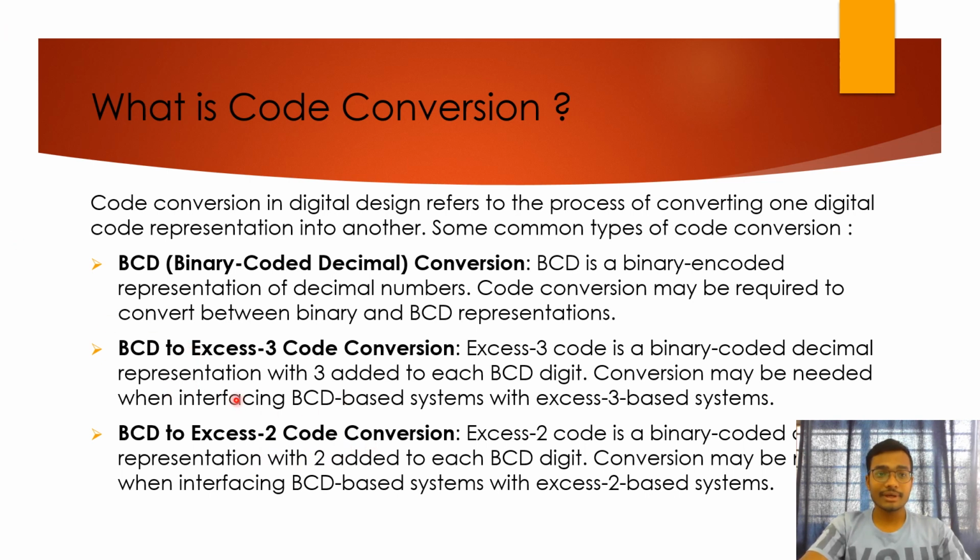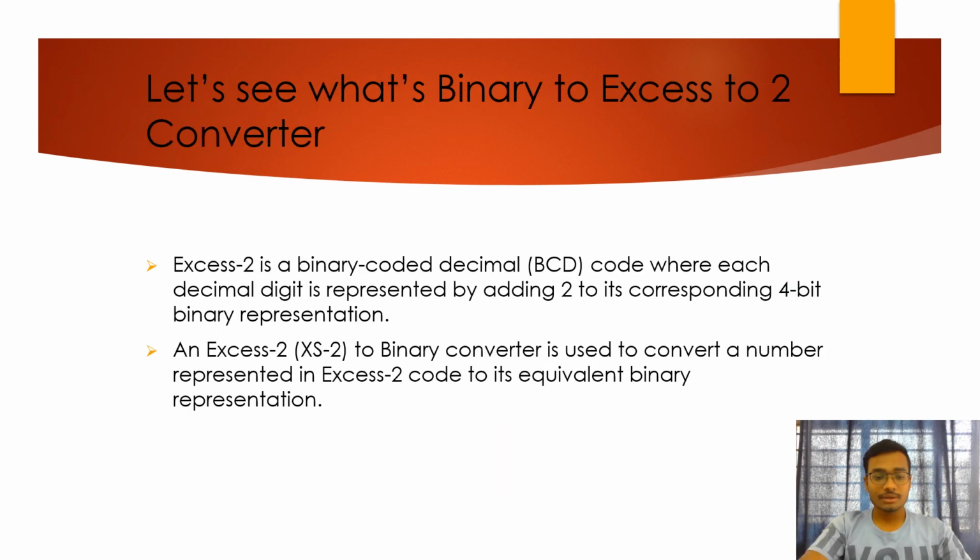So now let's see what Excess-2 conversion is. Excess-2 is a binary coded decimal code where each decimal digit is represented by adding 2, that is decimal 2, to its corresponding 4-bit binary representation.